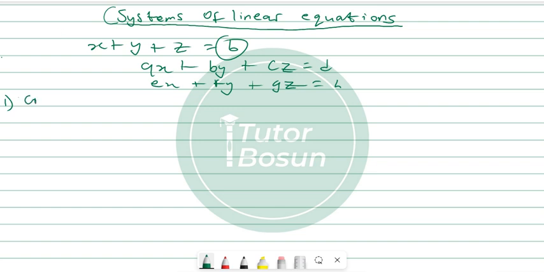We'll be treating the Gauss elimination method. We'll also be treating the Cholesky method.